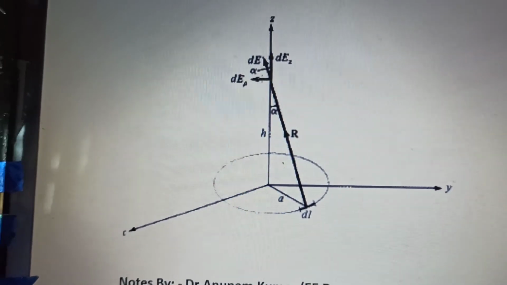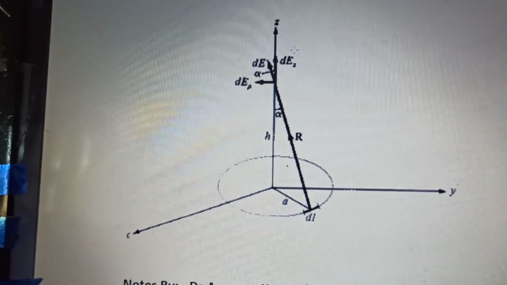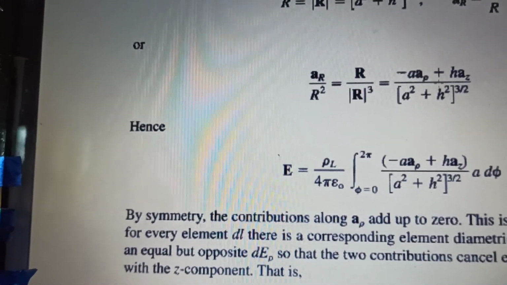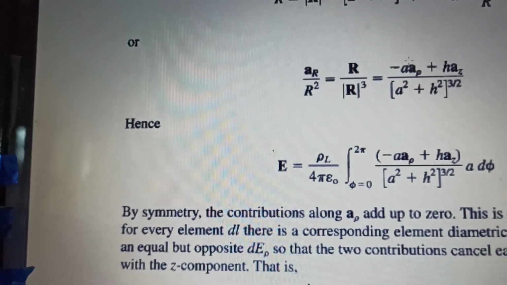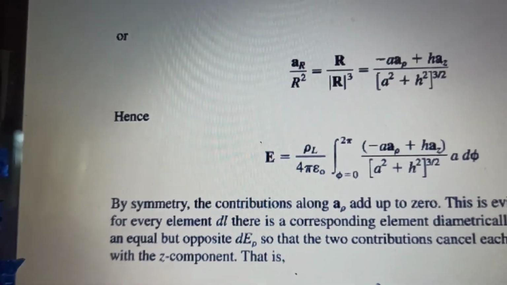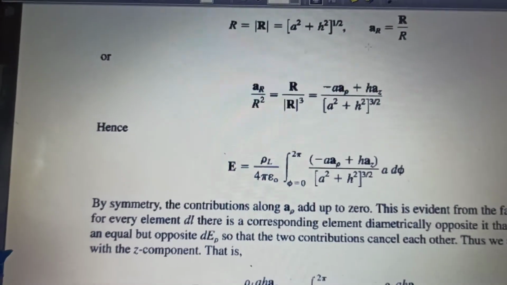This is alpha, this is sine alpha. So minus rho sine alpha plus az cos of alpha. Good. This is what is written: R in terms of minus a rho plus h az. Clear?